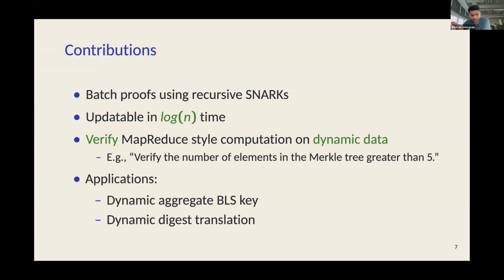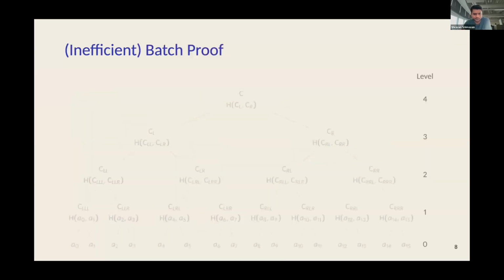This essentially argues that for the Merkle tree computed using a hash function, say SHA-256 or Poseidon, over the same set of values, you can compute a simple proof to say that these two values are consistent. I'll dwell more into the details of these applications later in the talk, but the key point to note here is we can have all of these techniques work even when the data changes.